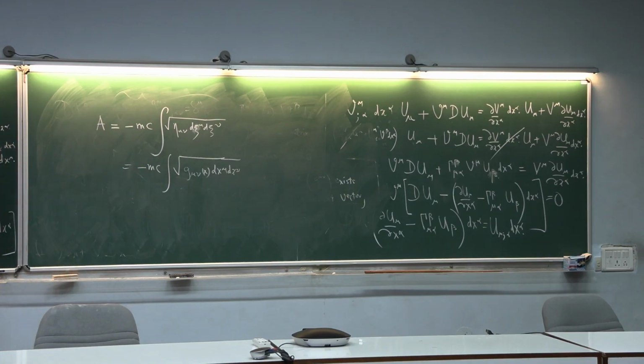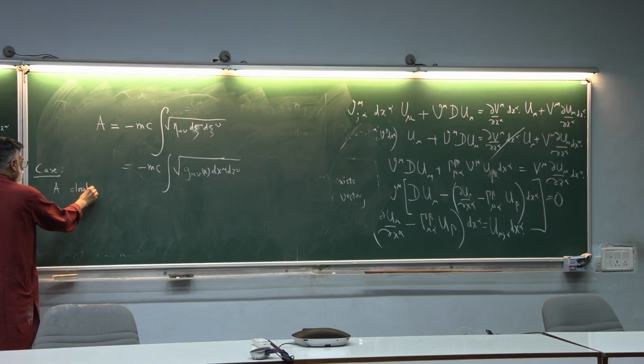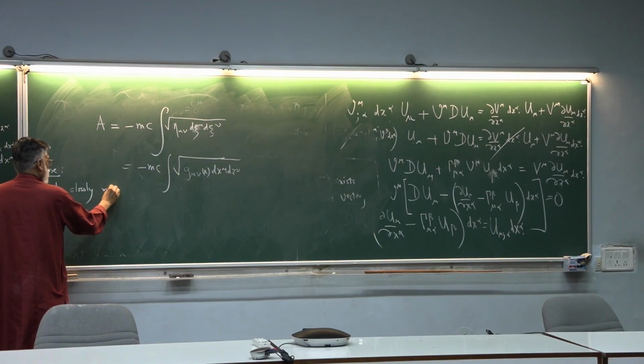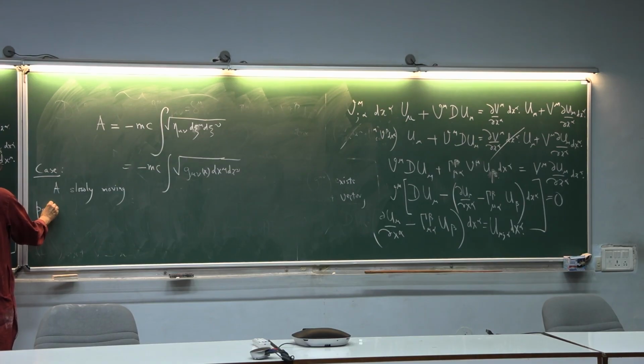Then you say, okay, can I consider a case where I am far away from gravity, where the gravity is very weak? So let me ask, what happens in the case of a slowly moving particle? The case I am talking about is a slowly moving particle far, far away.